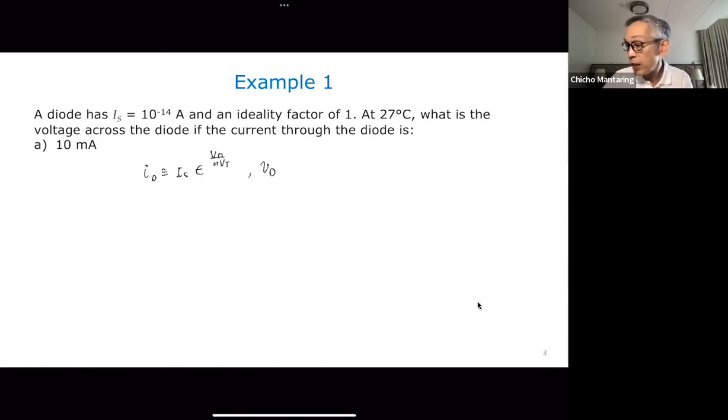V sub d is equal to eta v sub t ln of I sub D over I sub S. And then we said that eta is equal to 1. V sub t is 0.026. You have ln of 10 times 10 to the minus 3 over 10 to the minus 14. And if you solve this, it's going to be equal to 0.718.